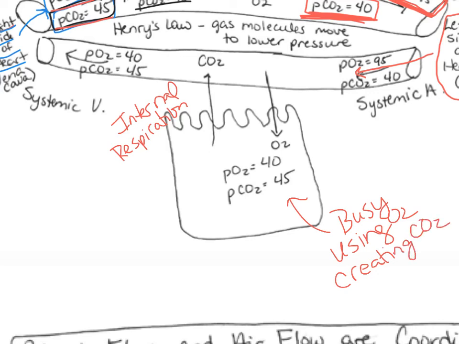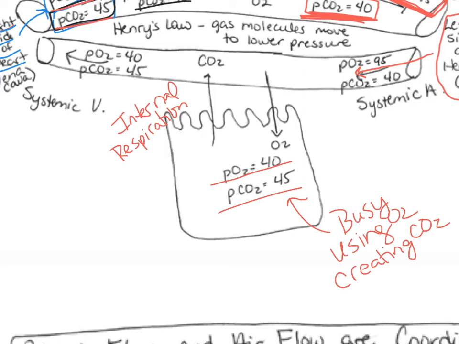That's what cells do. They use the oxygen to make ATP, and then they create carbon dioxide in the process. That's the waste product. Okay. So we have a lower oxygen level, because they've been using oxygen, and we have a higher carbon dioxide level because they're making carbon dioxide.